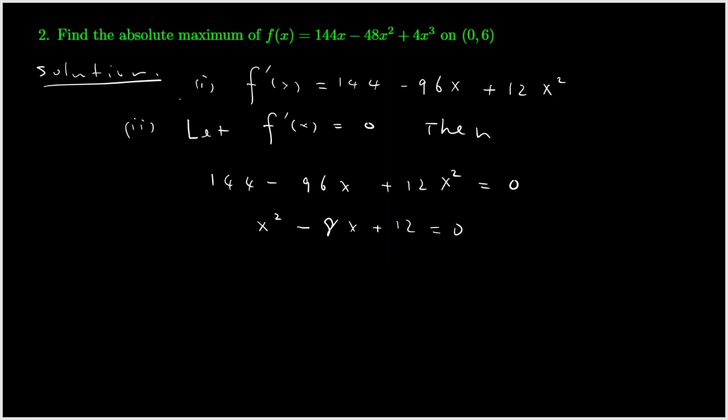This one is simple. I think you're going to have something like x minus 2 times x minus 6 is equal to 0, right? Anybody want to tell me the critical number or the critical numbers?